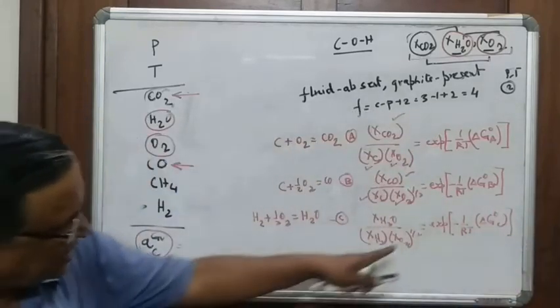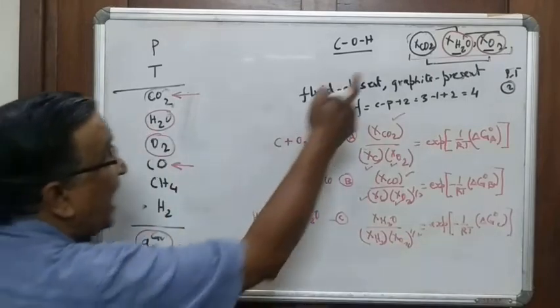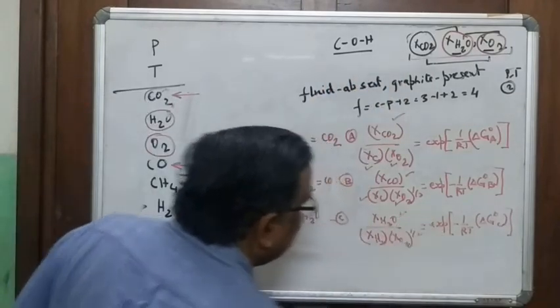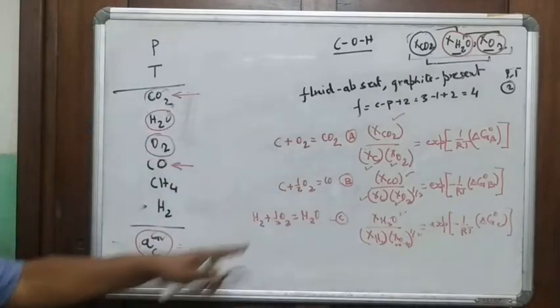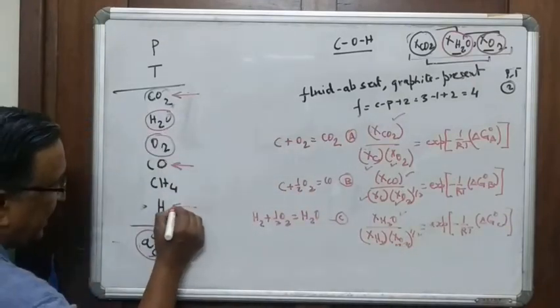Now you see this is a constant, and you have input data of XH2O and you have input data of XO2, so you can find out XH2.